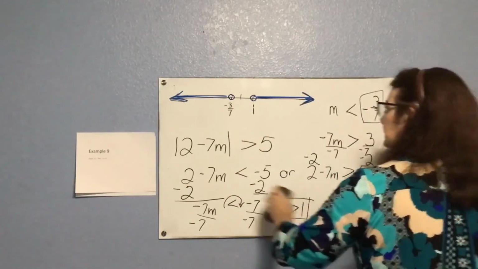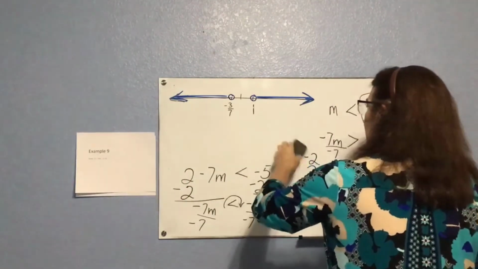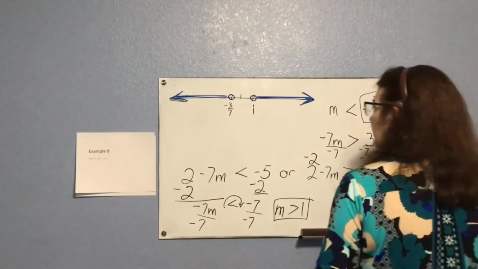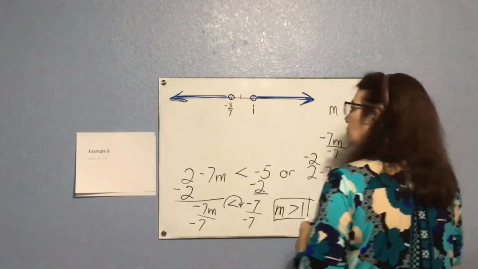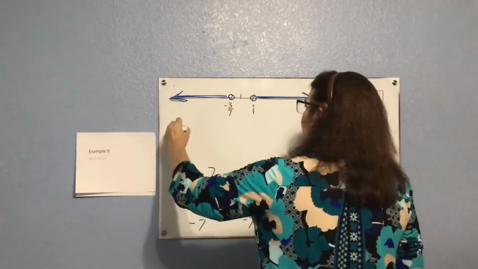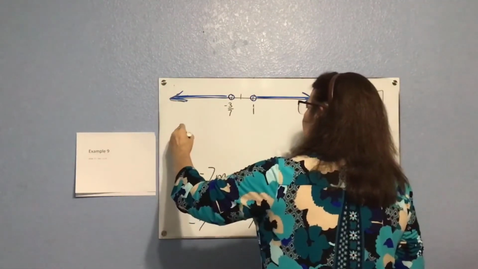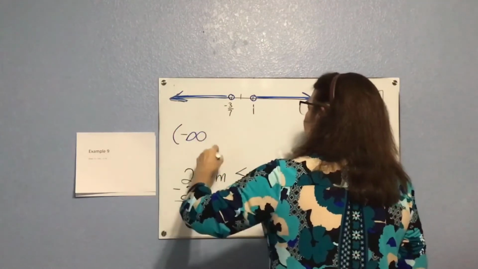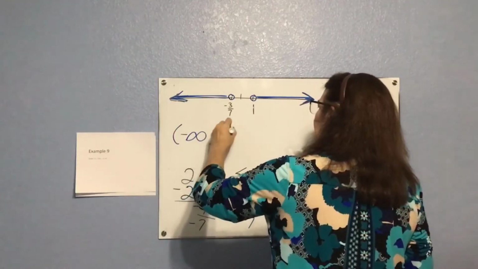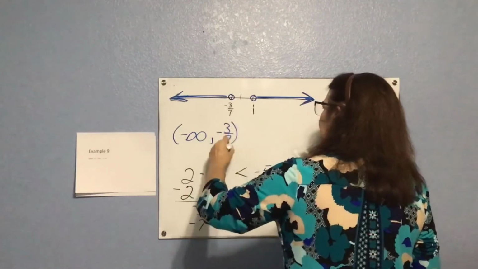If you're asked to put this in interval notation, this is going to have two parts. This part on the left is represented by parentheses, negative infinity, negative 3/7.